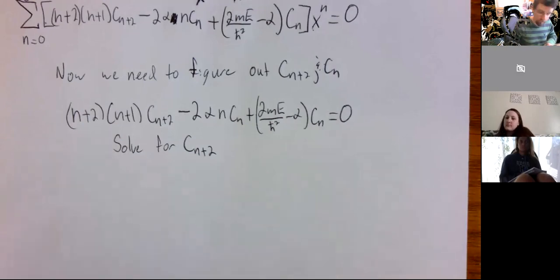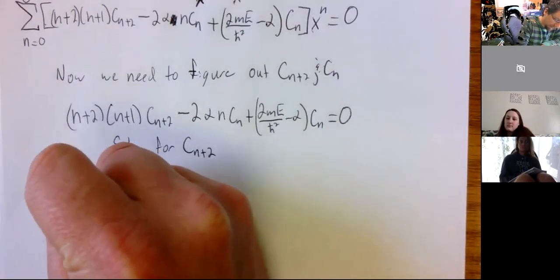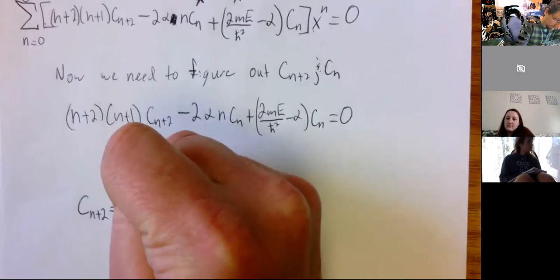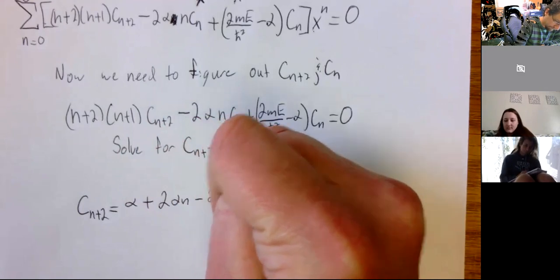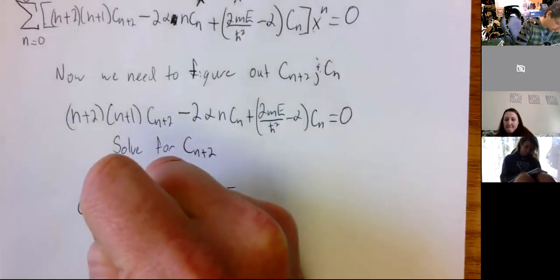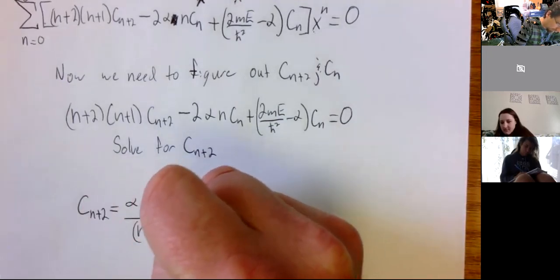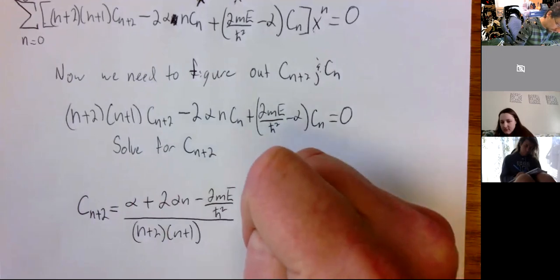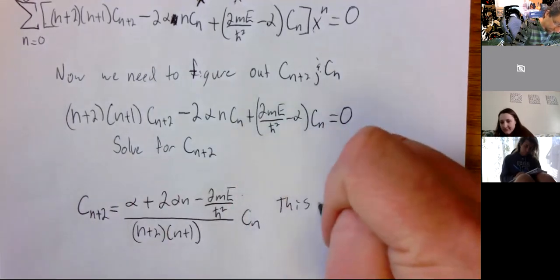So it just keeps popping back up again. And the relationship that we have for this system is divided by n plus 2, n plus 1, Cn. And this is a recursion relationship.